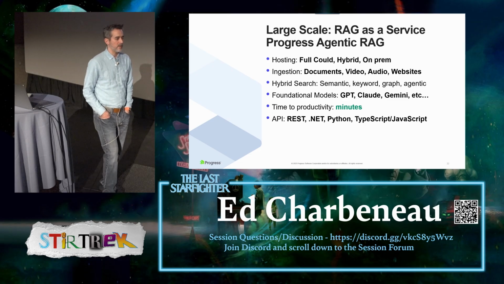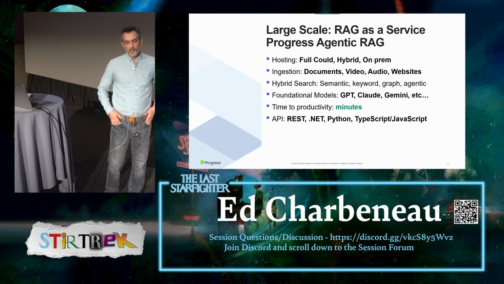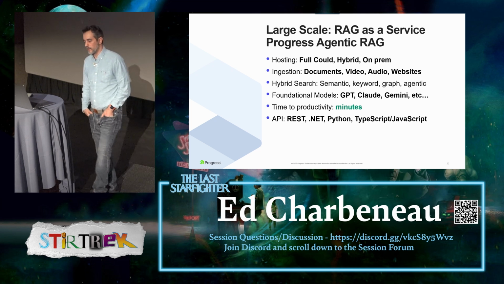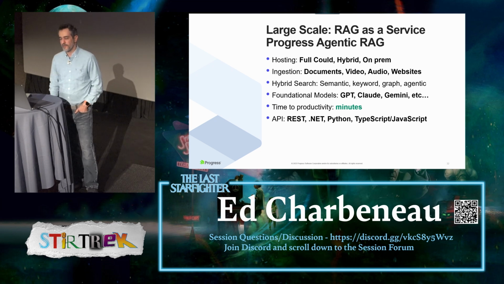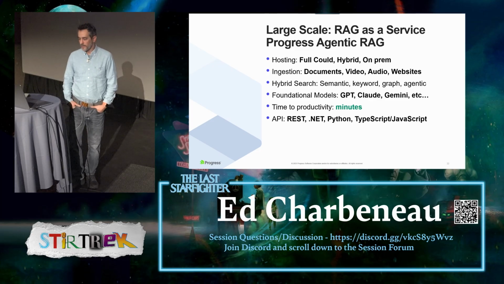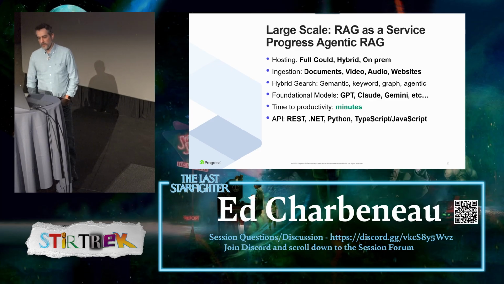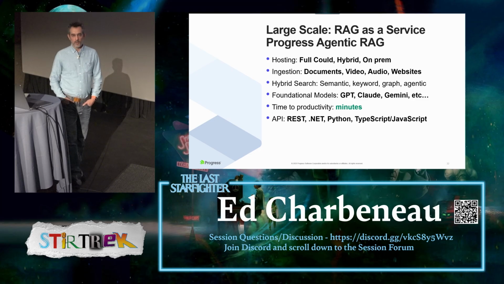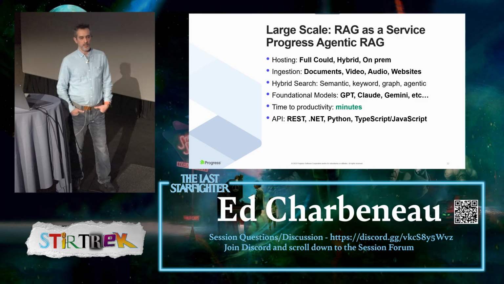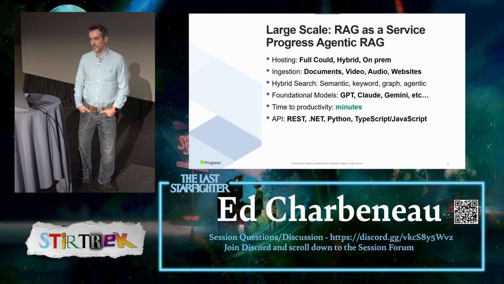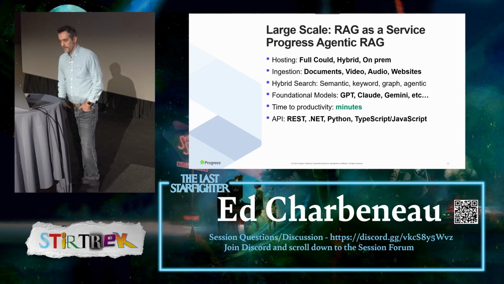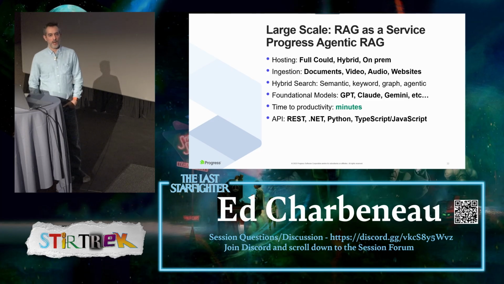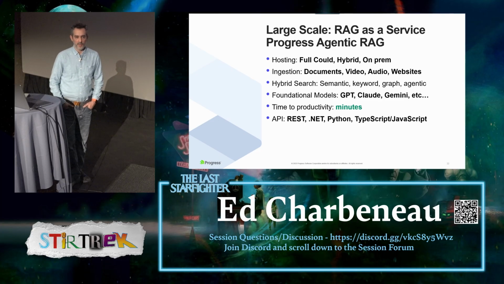So the document may have something described one way, and the user asks a question a different way, and the meaning is just off enough that you don't get great search results. So hybrid search means you're going to use not only that semantic search, but you'll also do a keyword search. You'll search your graph information, so connect objects together and see how they relate, and then run those through an agent to rank those different search results to find the best ones.